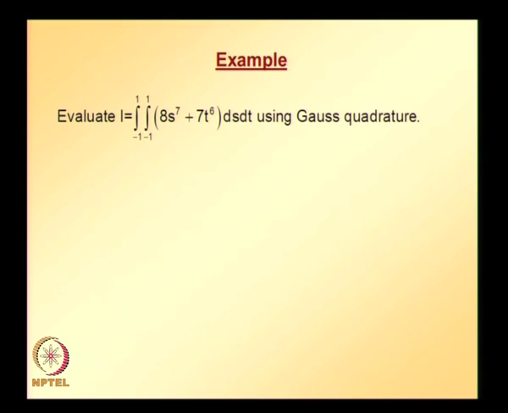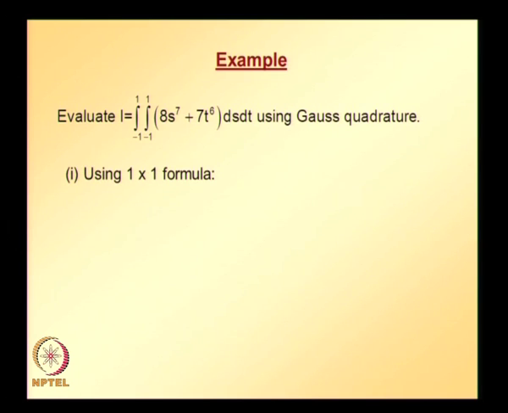So, to evaluate this integral accurately we require to use 4 points along s direction, 4 points along t direction, and if you use less number of points we get error. So, let us verify whether that is true or not.